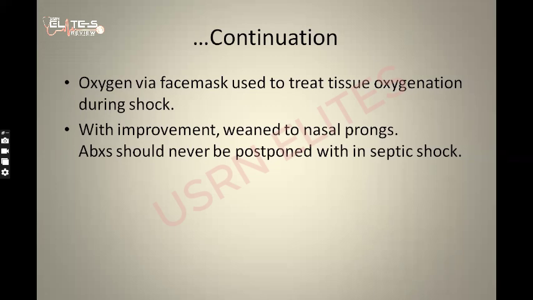Then after using your isotonic fluids, if blood pressures and mean arterial pressures do not become better, then you can add your inotropic support until you achieve your targeted mean arterial pressures and blood pressures. Then later, you can wean patients off the inotropes. Then, like we just spoke about, you can add oxygen to help support.